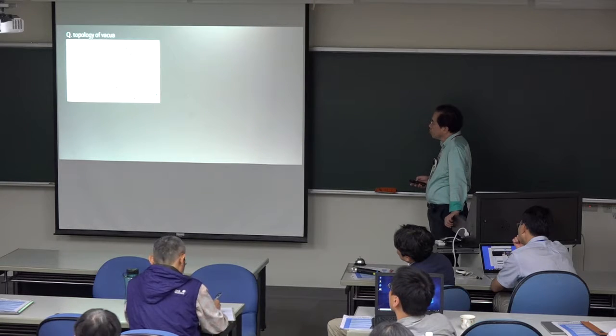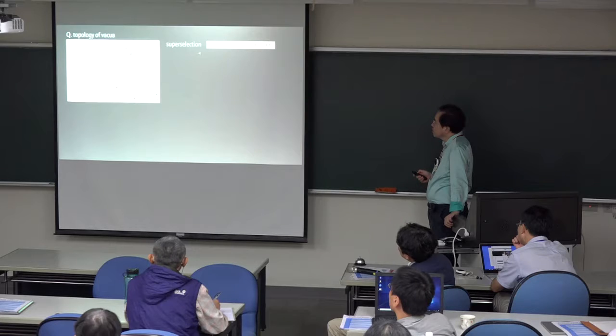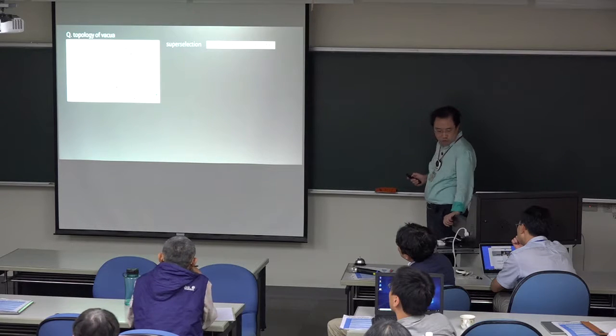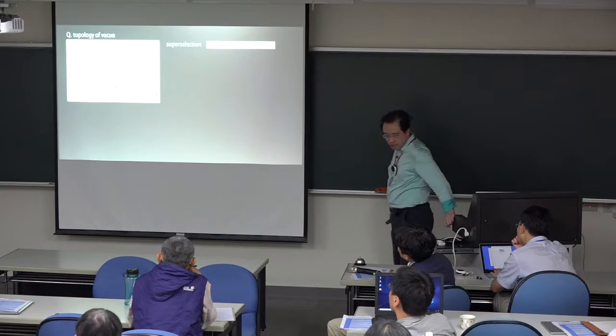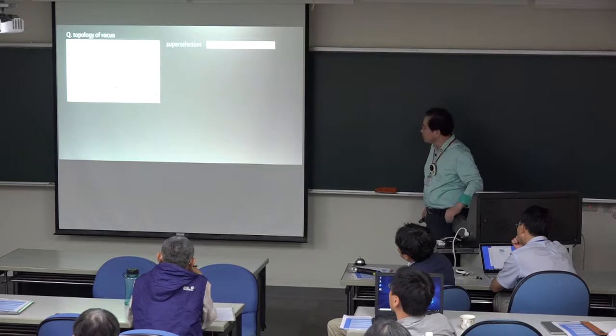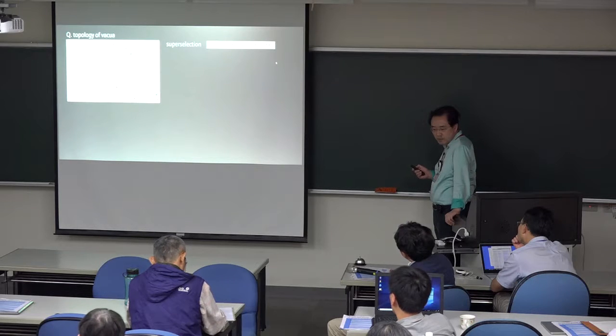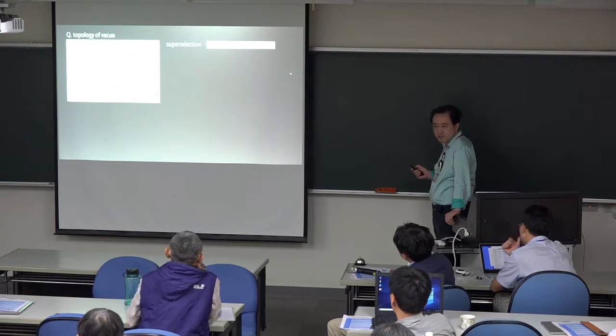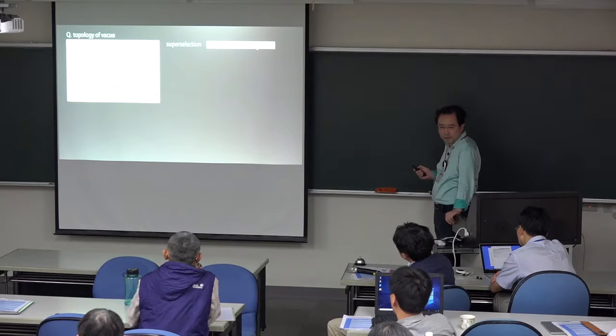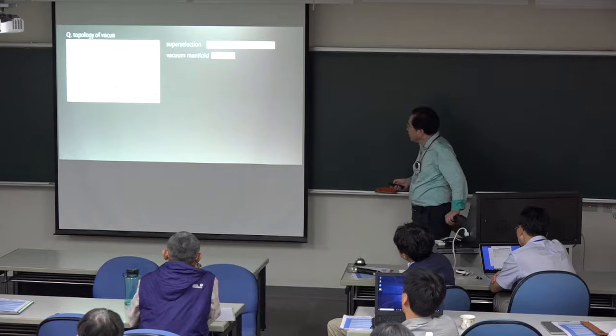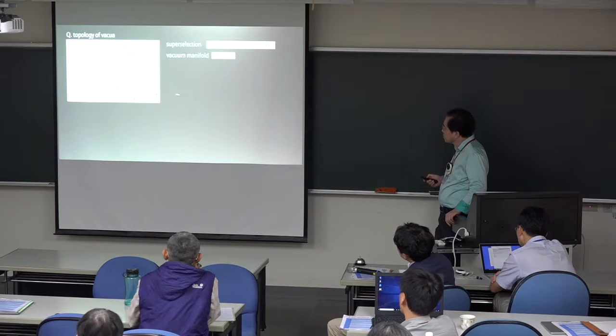The topology of the vacuum is obtained by the superselection rule, which is guaranteed when I have the infinite spatial volume. But nowadays, this becomes dangerous in condensed matter systems because the sample size becomes smaller and smaller. The vacuum manifold is obviously a circle.